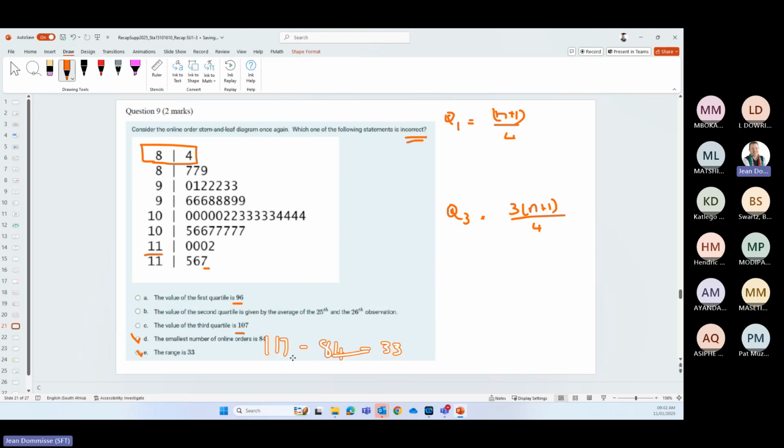Okay, so they didn't tell us how big the sample is. So we first quickly need to count it. 1, 2, 3, 4, 5, 6.